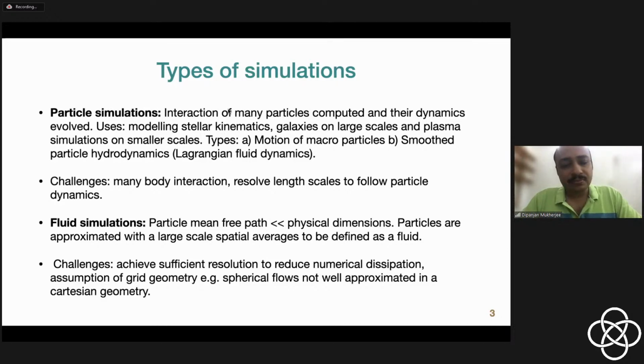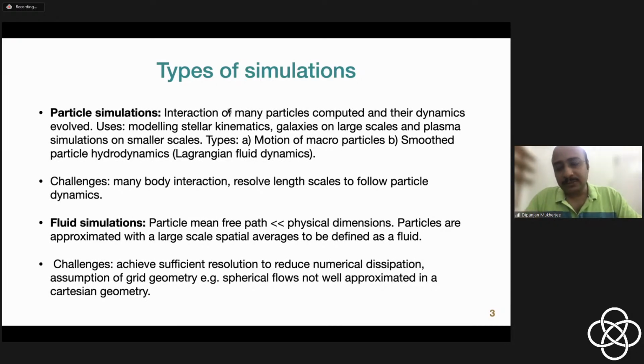And now the other part is fluid simulations. So a fluid description, as you must have heard in your lectures by Nishant and Drupaditya, is valid when the mean free path of the particles is much smaller than the physical dimensions.